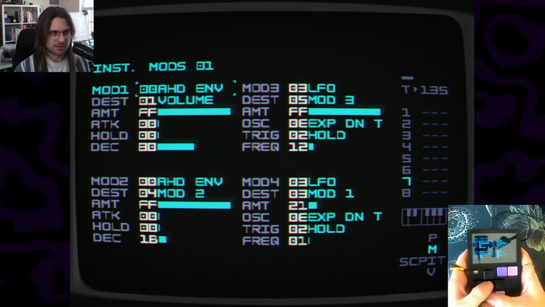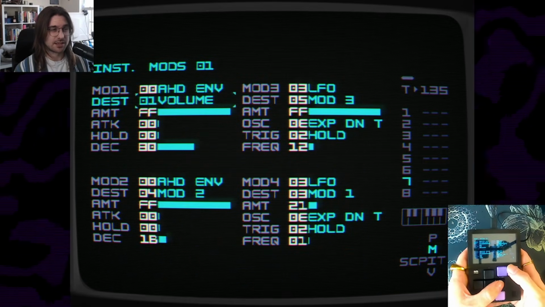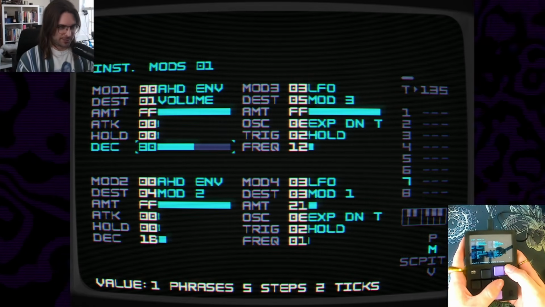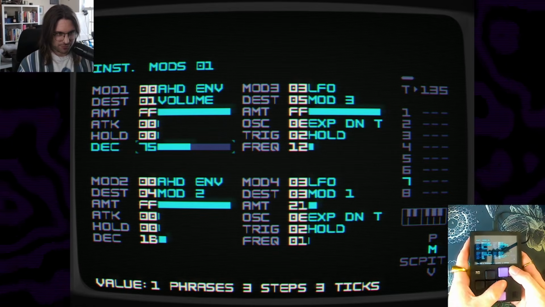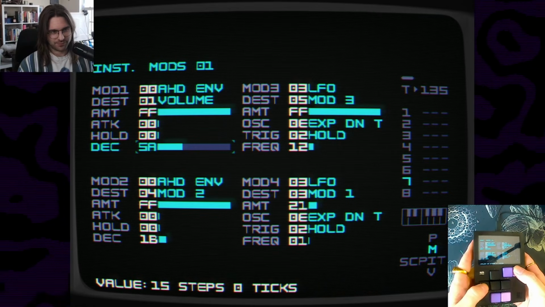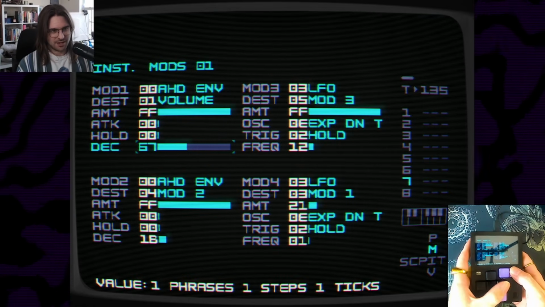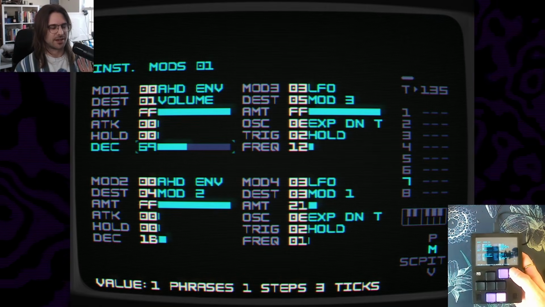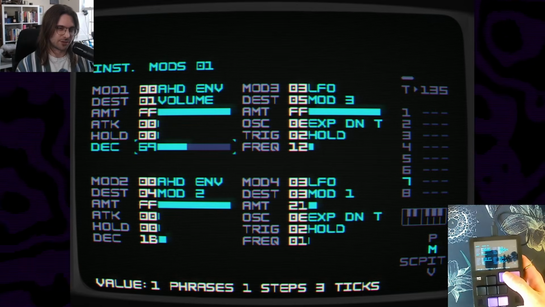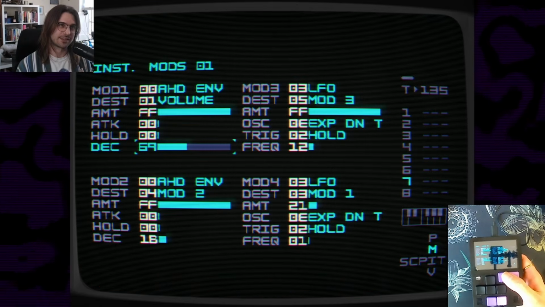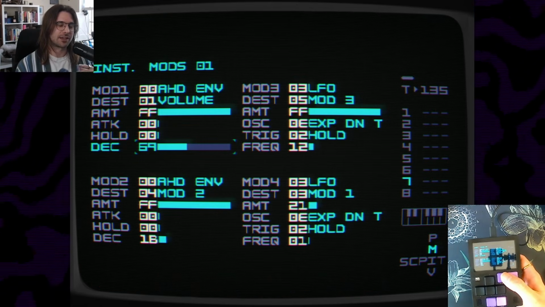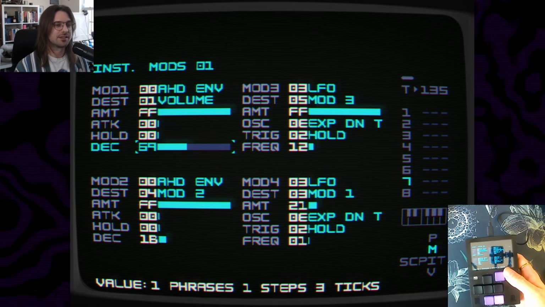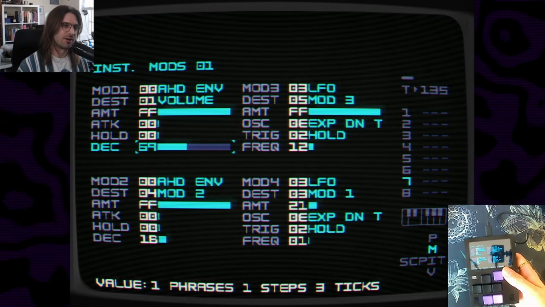Another thing to keep in mind is these little tooltips at the bottom where it says like 1 phrase, 3 steps, however many ticks. This is all determined by the default groove, like if your phrase was 96 ticks long, it's basing the phrase step tick thing all off of that.